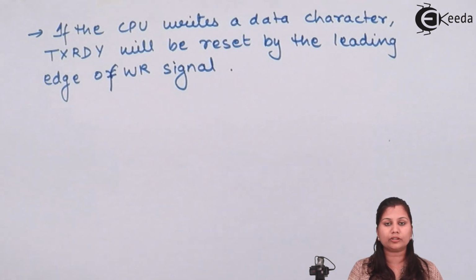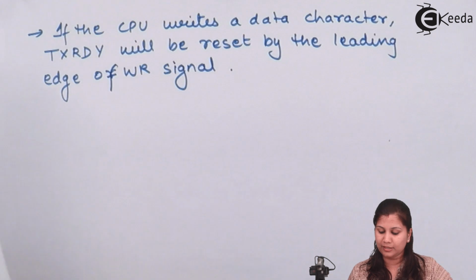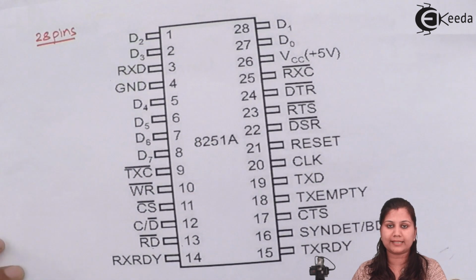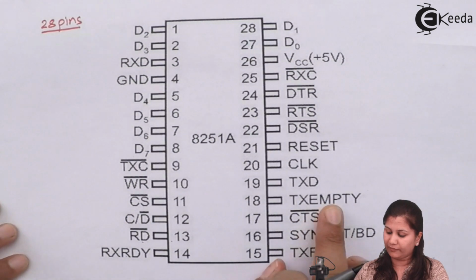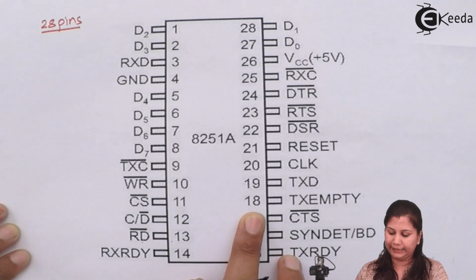The third signal for the transmitter section is the transmitter empty, that is TX empty, which is available at pin number 18.